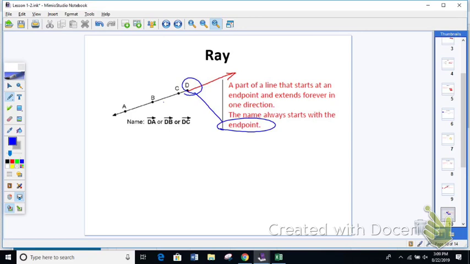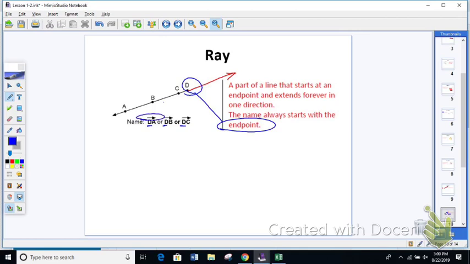So it's starting at D, and then we can use point A, or we could use point B, or we could use point C. It does not matter because the arrow says we're going through that point and we keep going in that one direction forever. But again, we always start with the endpoint.